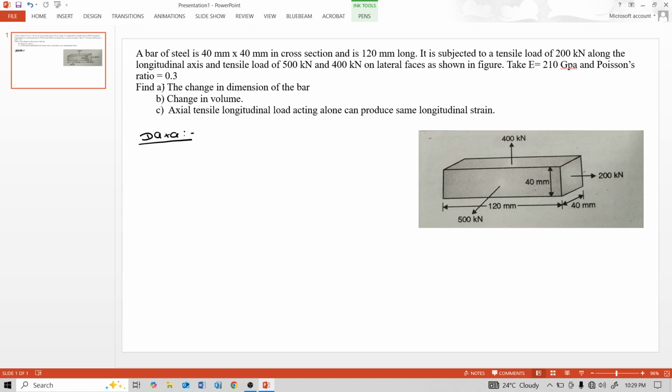Load acting on the longitudinal axis, Px, is equal to 200 kilonewton. This is the x-axis, y-axis and z-axis.